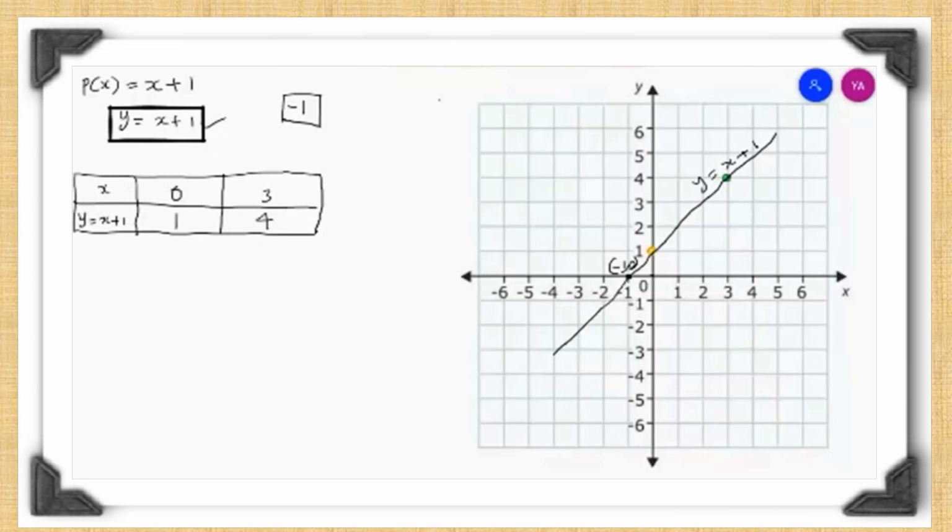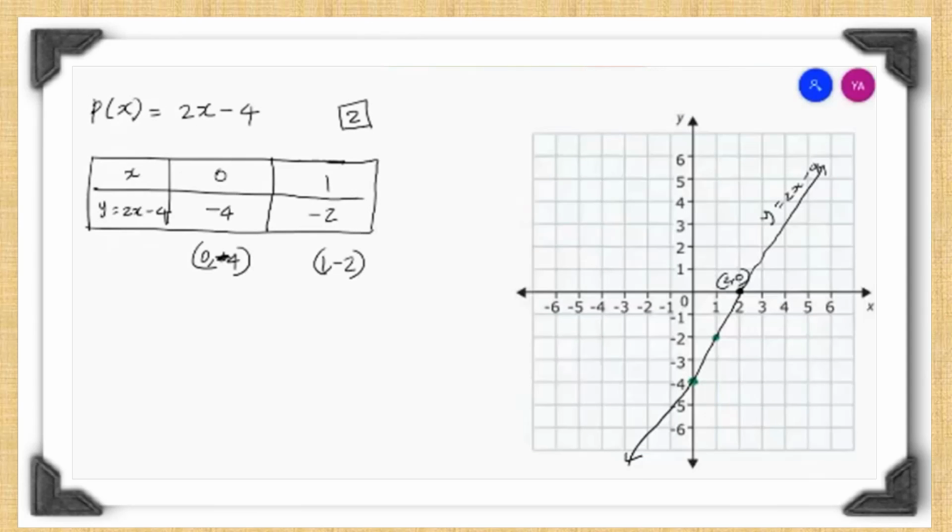We took the corresponding equations y is equal to x plus 1 and y is equal to 2x minus 4, drew the coordinate axes and the straight lines, and found the intersecting point of these graphs with the x-axis. For the intersecting point, the x coordinate will be the 0 of the given polynomial.